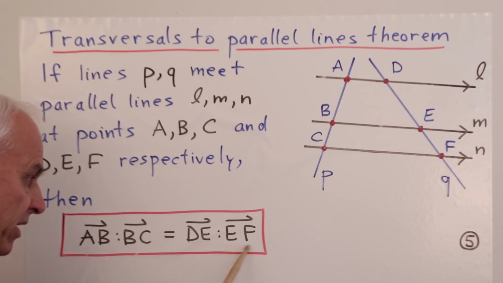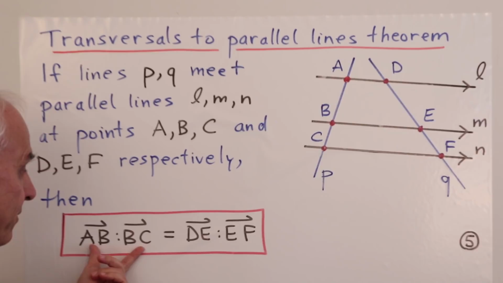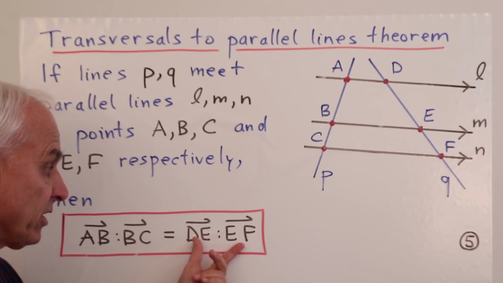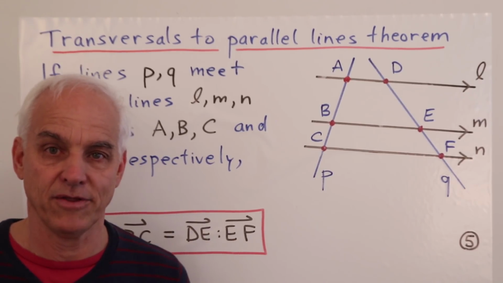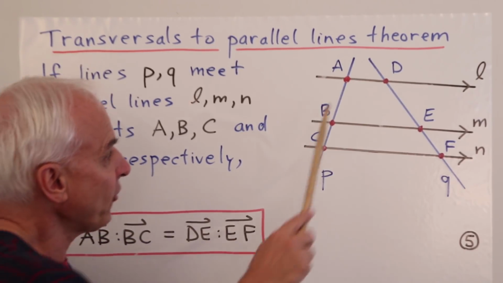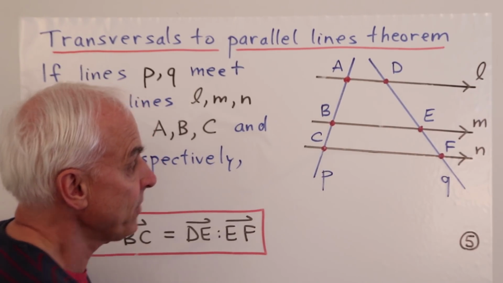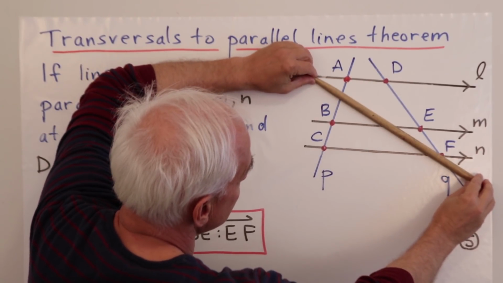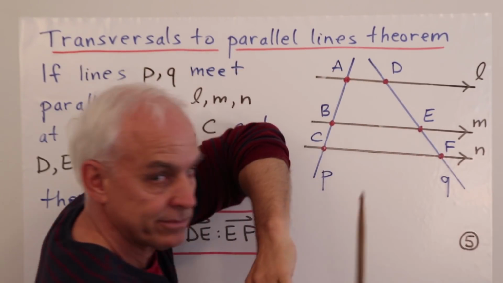These ones here are not parallel to those ones, but that doesn't matter. These two are parallel, so their proportion is well defined. These two are parallel, so their proportion is well defined. And the theorem is saying that those two proportions are going to be identically the same. So if this is 2 to 1, then this will also be 2 to 1. And no matter which line you choose here, choose one more slanted like this, it will still be 2 to 1.